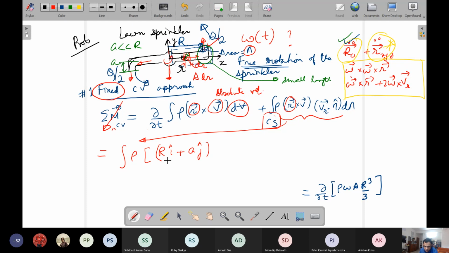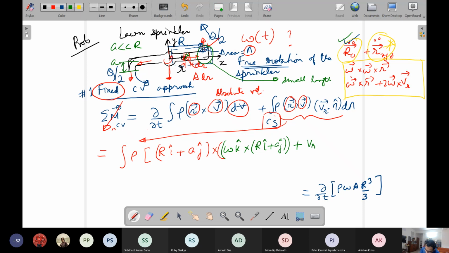In terms of the velocity v, again this is omega k cross this one, R i plus a j, plus the v relative. So what is the v relative?